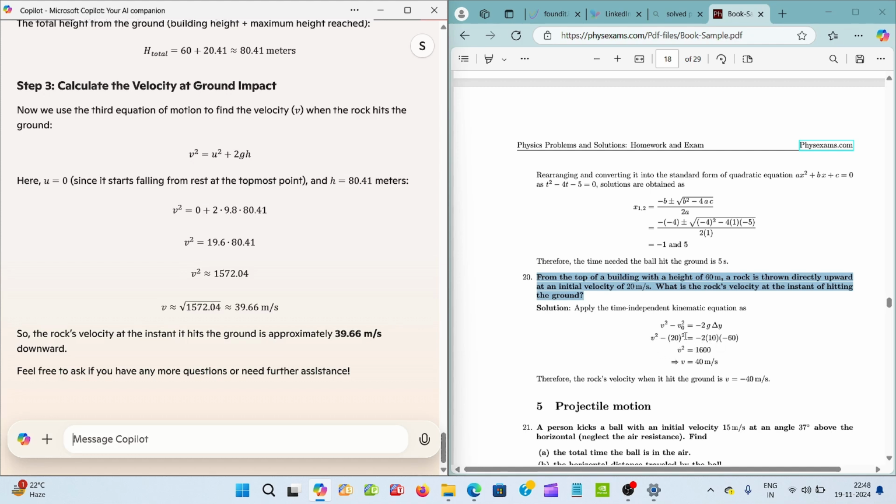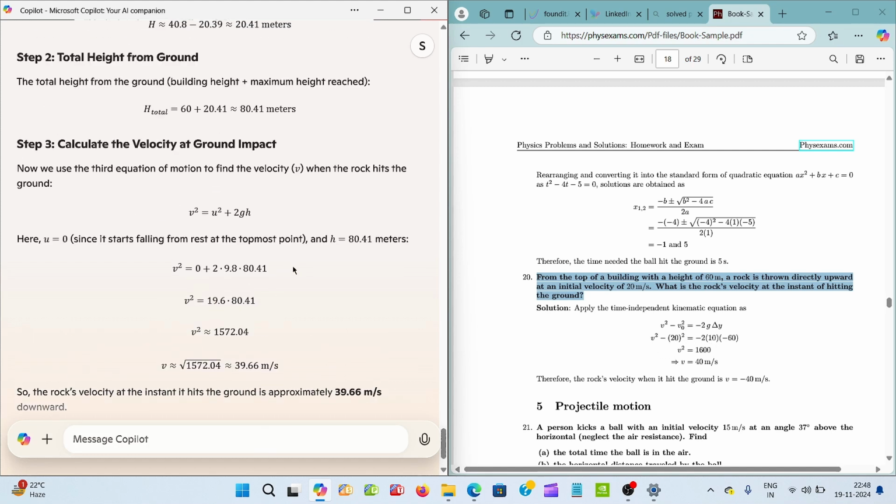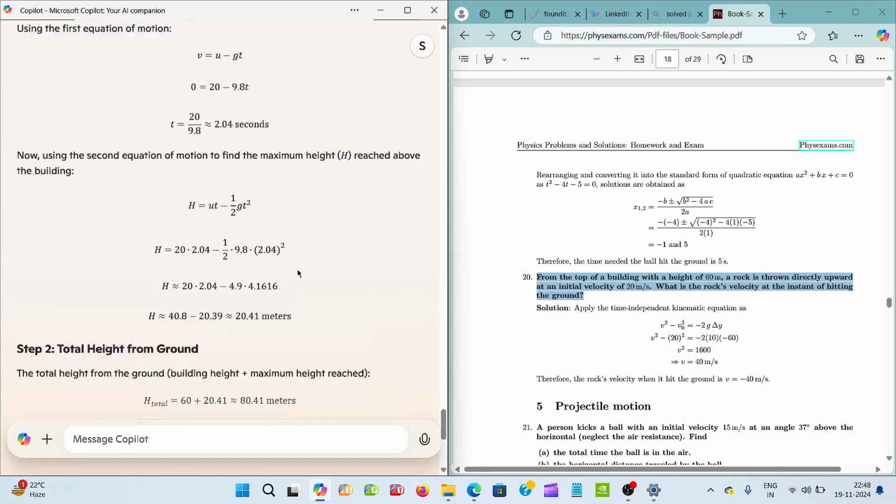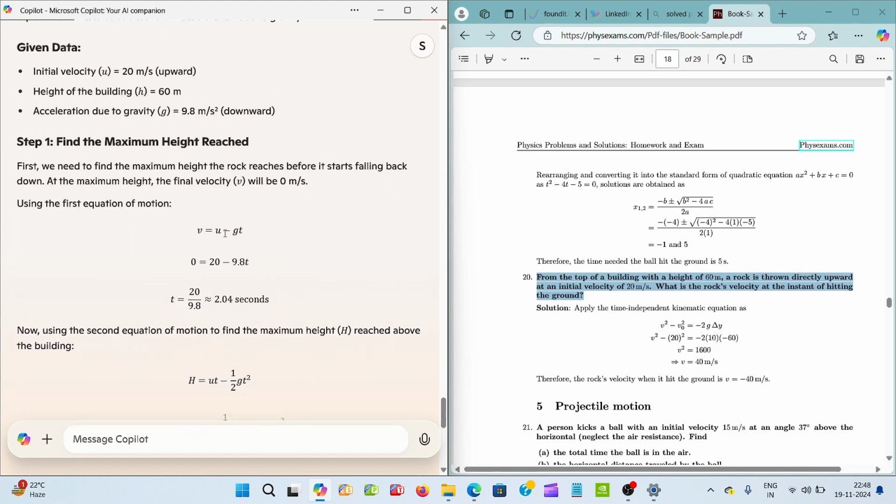And v0, what was 20? Yes, 20 is the initial velocity in the upward direction. So v squared is equal to 1600, v is equal to 40 meters per second.